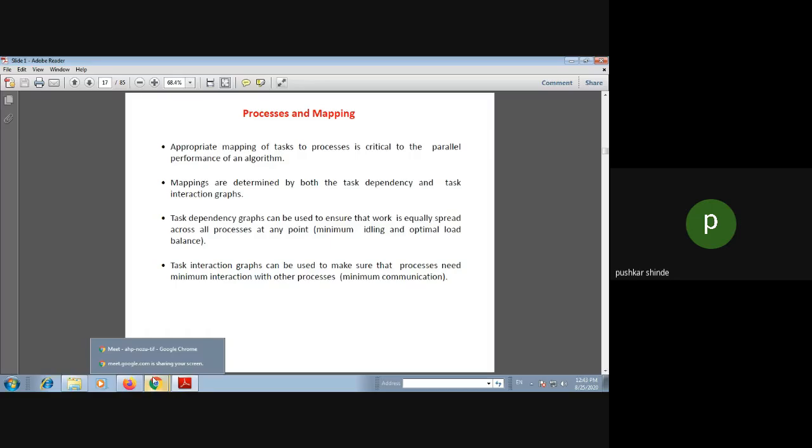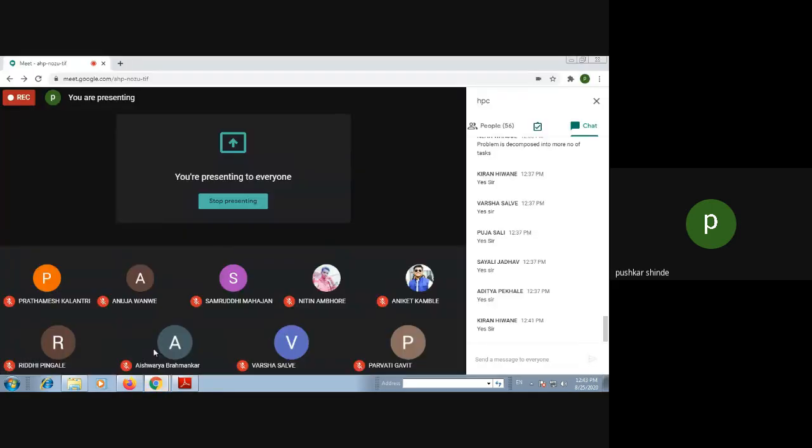We already discussed. It gives the control dependency. You answered that a few minutes back, isn't it? The task dependency graph gives the control dependency.